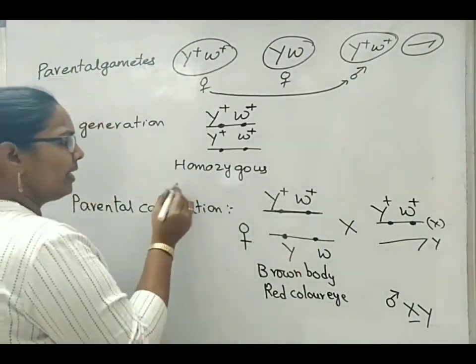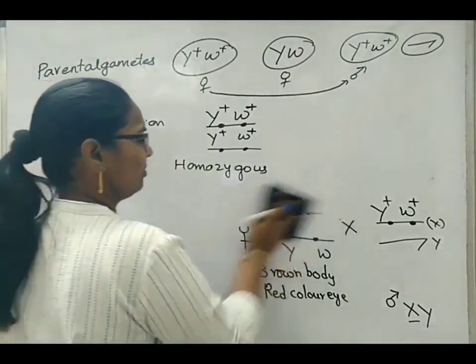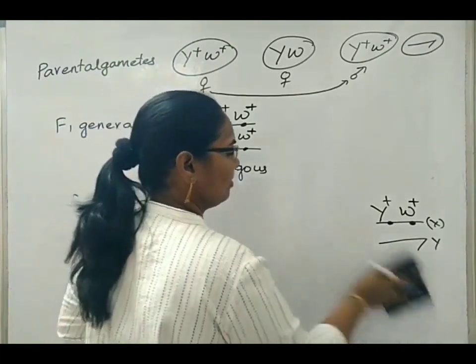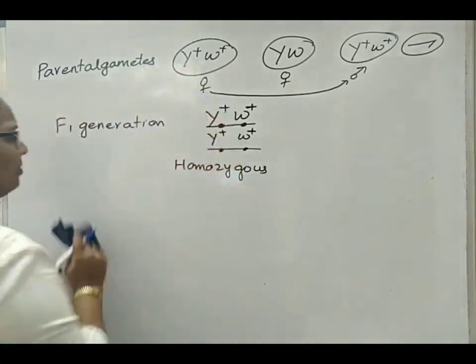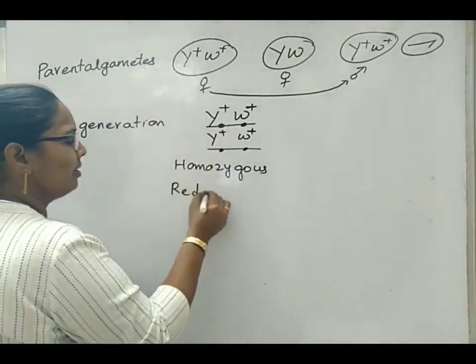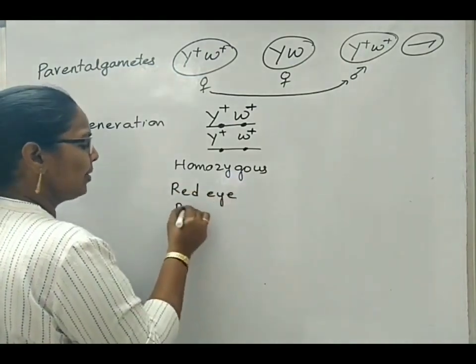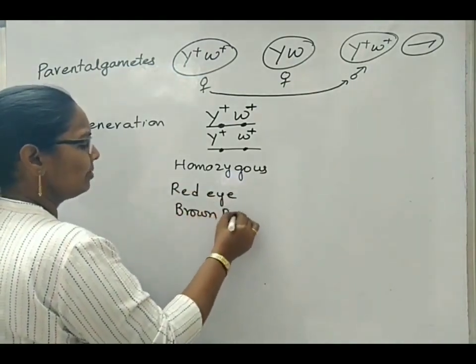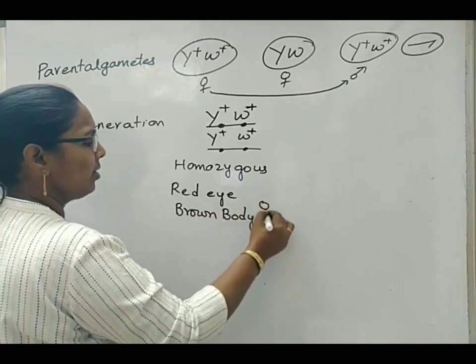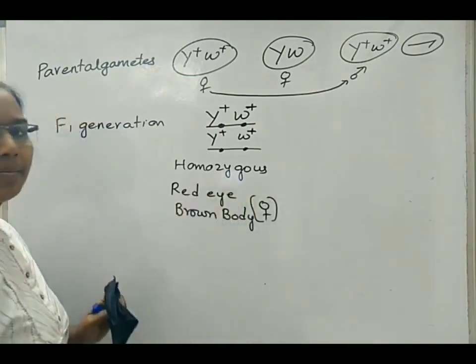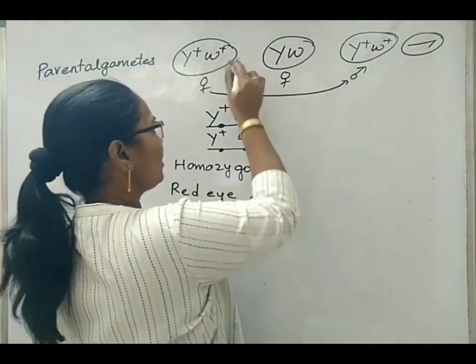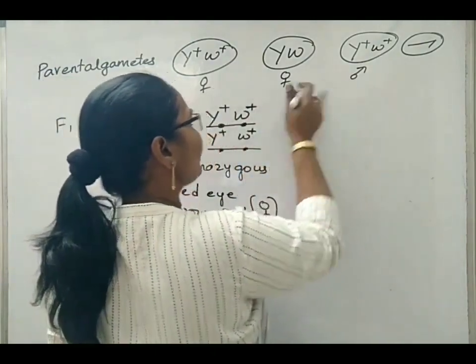Homozygous, red-eyed, brown body. This organism is female. Next, another offspring.